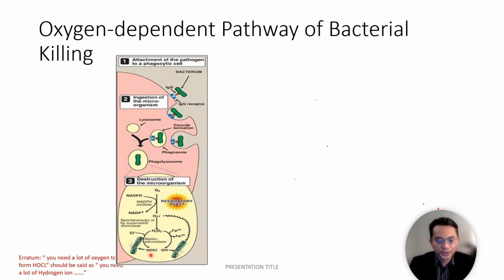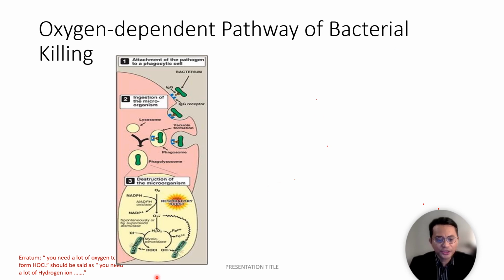Okay, now boom, you now know that hypochlorous acid is naturally produced by our immune system to kill bacteria. This is a very powerful or very potent bacterial killer. Okay, so now that is the oxidative, or oxygen-dependent, pathway of bacterial killing in the body.